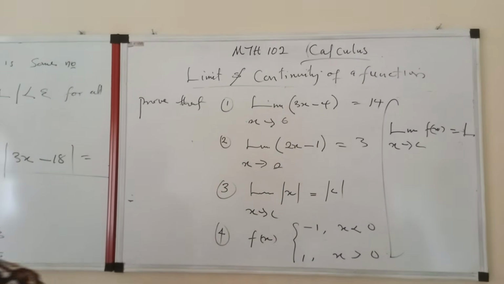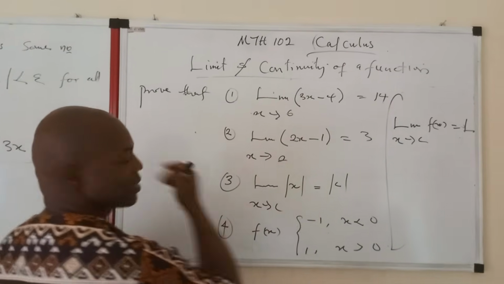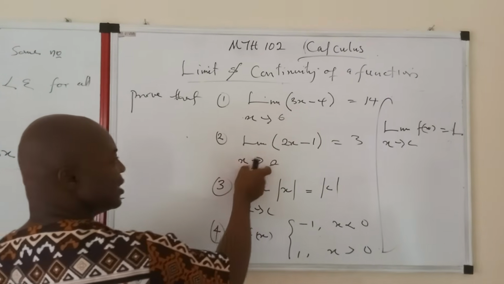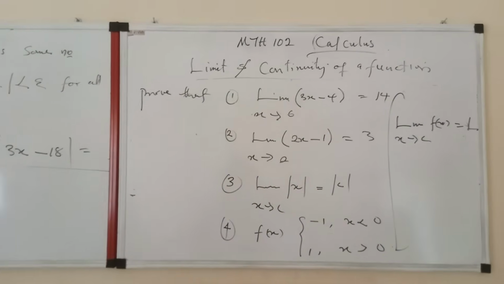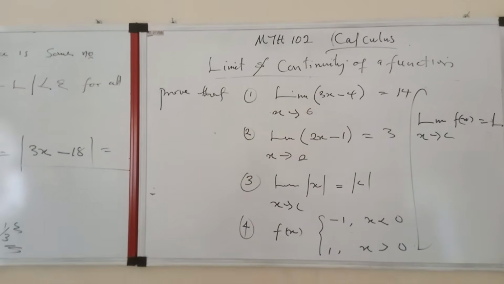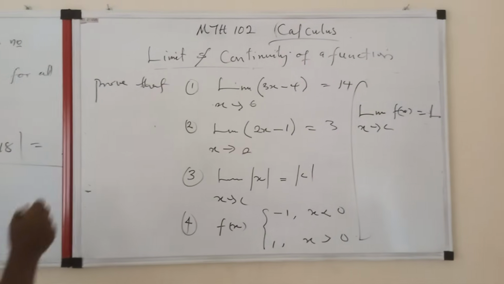Now, when you consider this other part, you have x minus c, where c is equal to 2. So you now see that this delta is also looking at the other part as we have in part of the epsilon. So the answer to this one is also pretty simple.